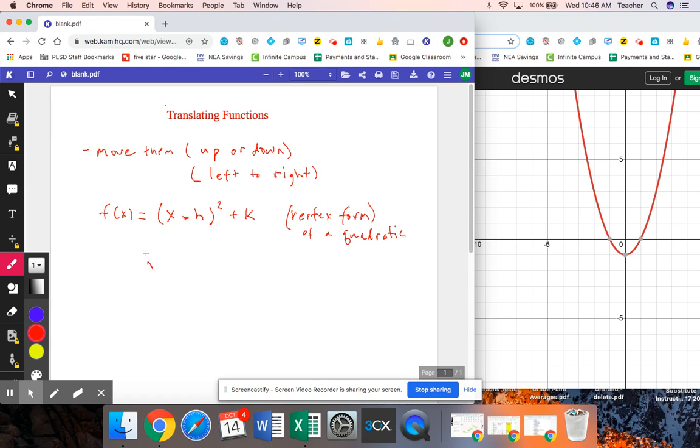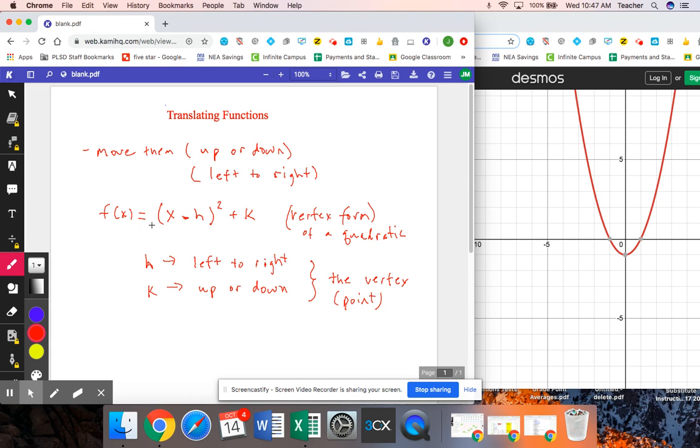This h moves it left to right, and the k moves it up or down. Now, when I say move it, in both of these cases, I'm talking about the vertex. That's just the point at the minimum or the maximum.